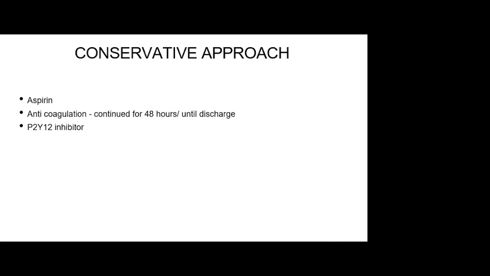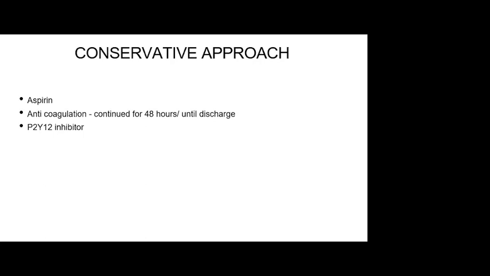And just about dual antiplatelet, I think he will talk, but just to raise a question. For dual antiplatelet therapy, all the guidelines recommend 1 year. If there is no bleeding, or the risk of ischemic events is higher, you can give it further.